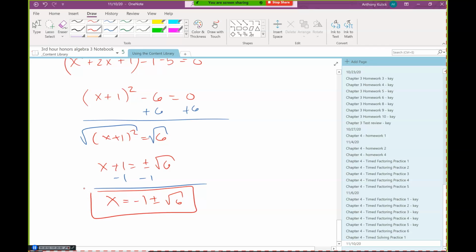And that's not so bad, right? But here's the thing. It can get bad, right? We've done some of these completing the square problems where they get pretty ugly. You guys agree? And then we still have a solving problem to deal with at the end of that.